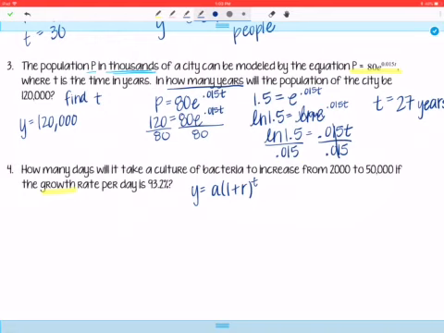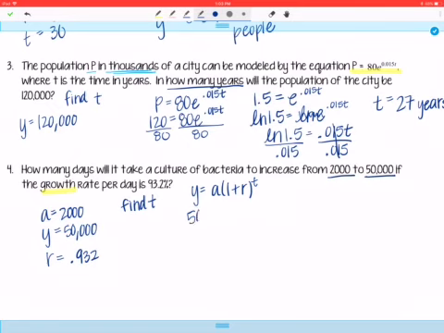Okay? All right, so my starting value is 2,000. And my end value, I'm trying to get to 50,000. My growth rate per day is 93.2%, so as a decimal, that'd be 0.932. And I'm looking for T, after how many days?